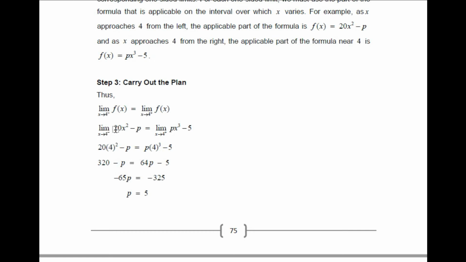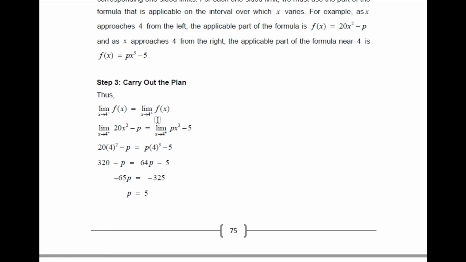We put the applicable part of the formula. For x approaches 4 from the left, the applicable part of the formula is 20x squared minus p.